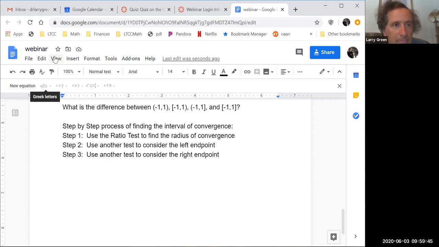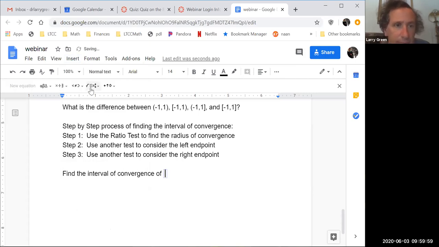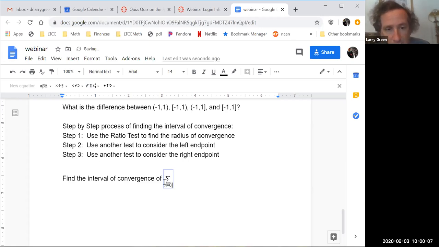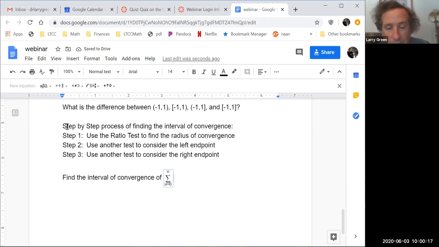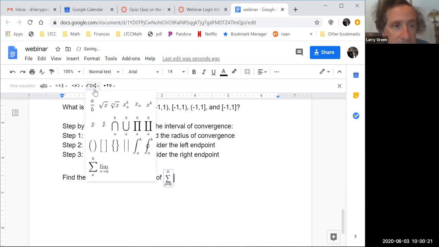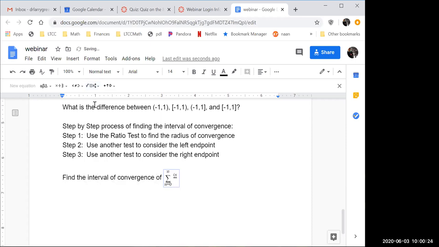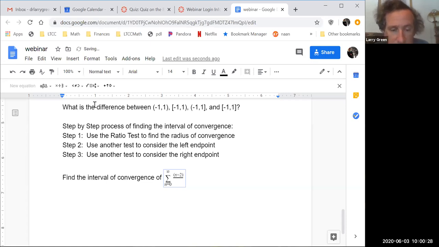Let's say, find the interval of convergence of the sum from n equals 0 to infinity of (x minus 2) to the n over n plus 1.